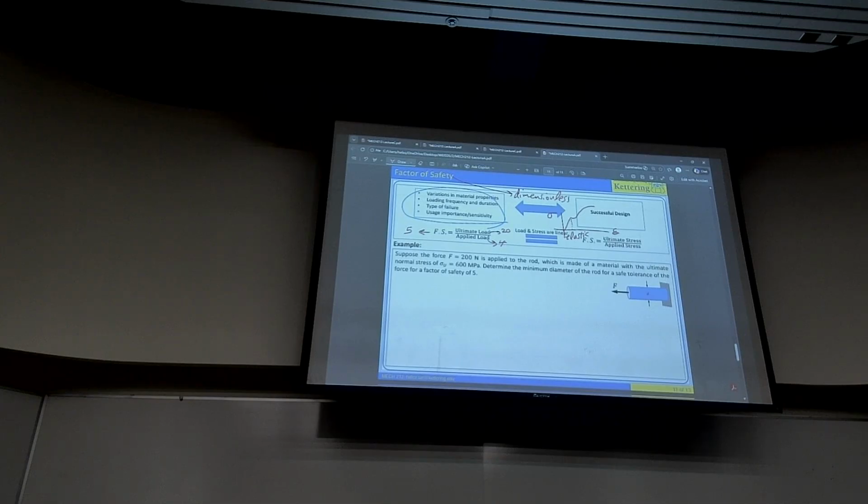All right, so Max, if you load this like that, you pull on it, what kind of stress do you expect? One that's perpendicular to. That is correct, but do you remember the name?